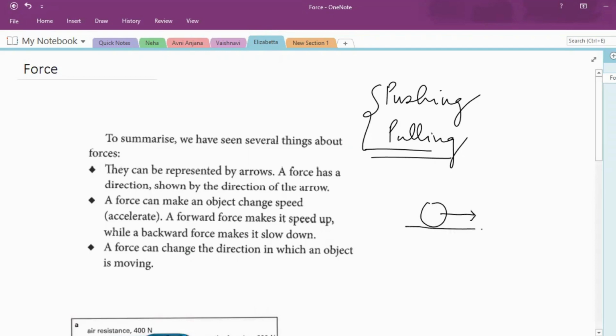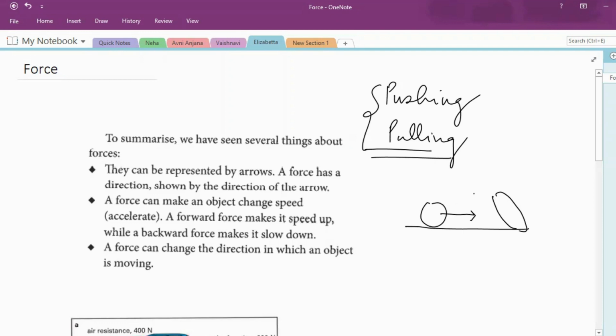Can you apply a force so that it will come to rest? If you do it like the opposite. Very good. Yes. Or even if you put your foot here, it will stop. So force can also make a moving object stop.